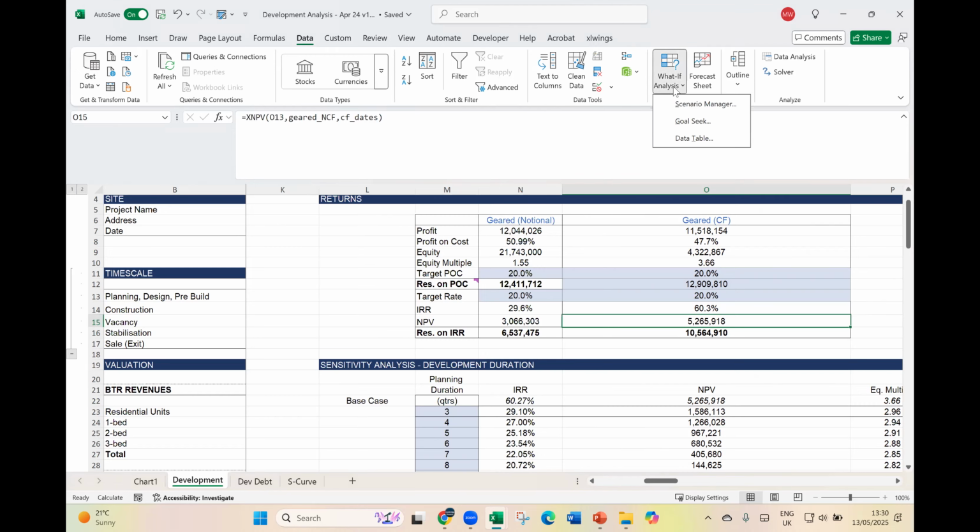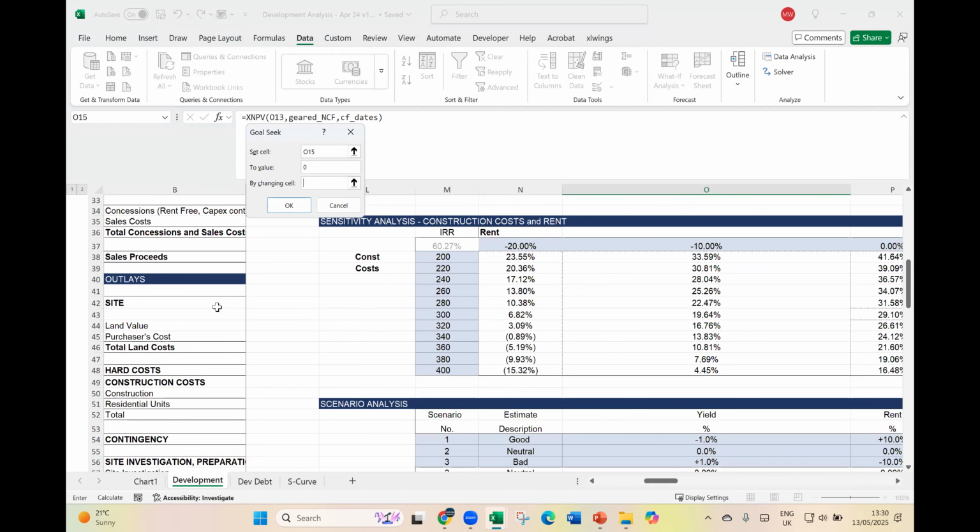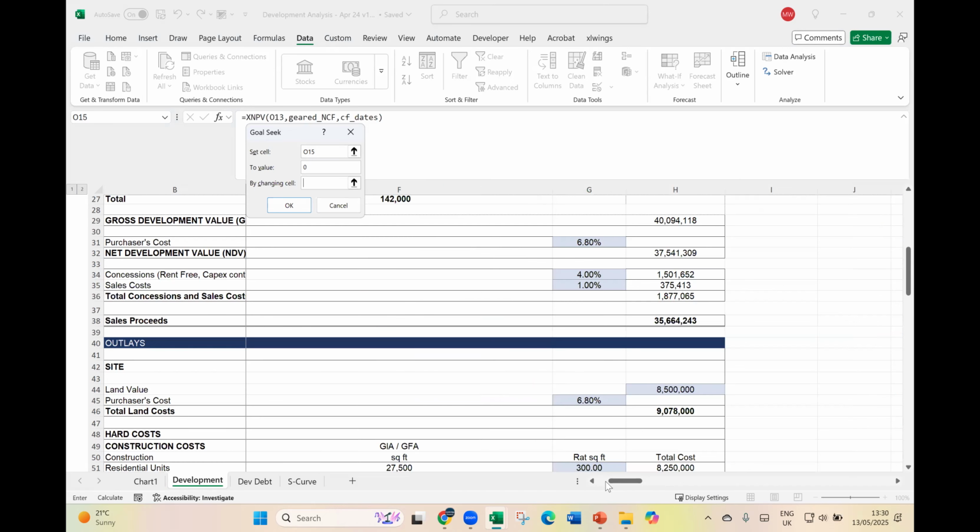And the same process, you go seek. What we do here is say, okay, I'm going to go seek the PV to a value of 0 by changing the land value here. Yeah, 8.5. I'm just calculating here.